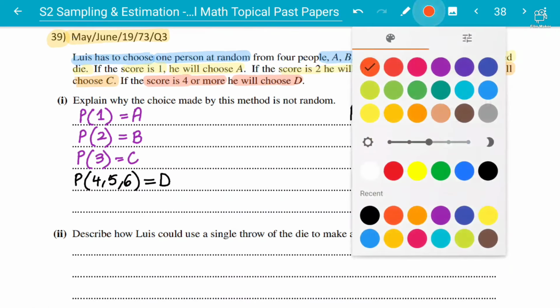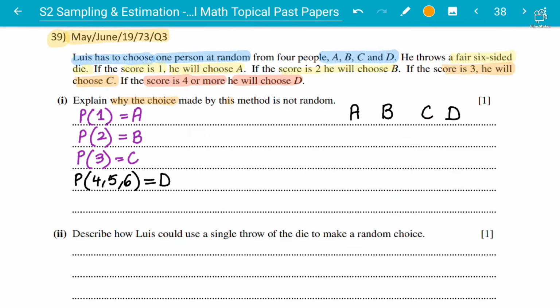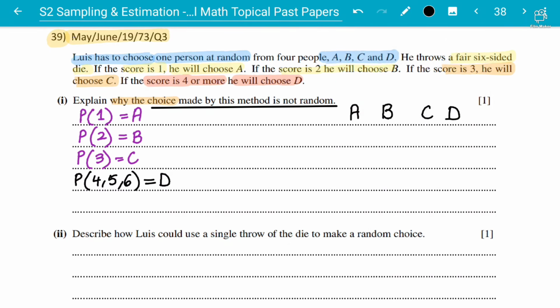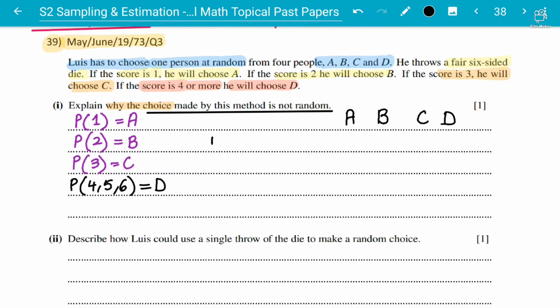Now coming to the question, we have to explain why the choice made by this method is not random. Why is this not random? Because there are biases coming in, students. There is a bias because of the probability of D: if the score is 4 or more, D is more likely to be chosen, because there are more possible outcomes.